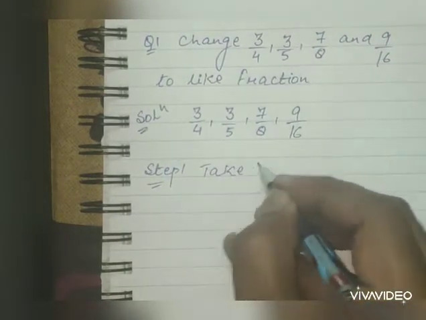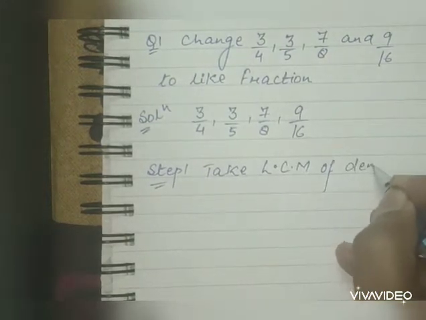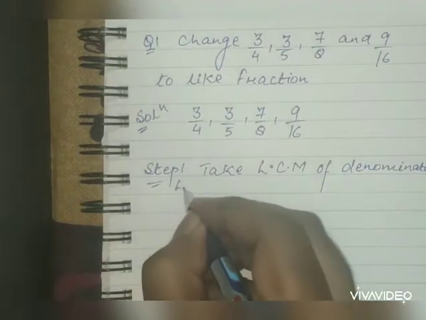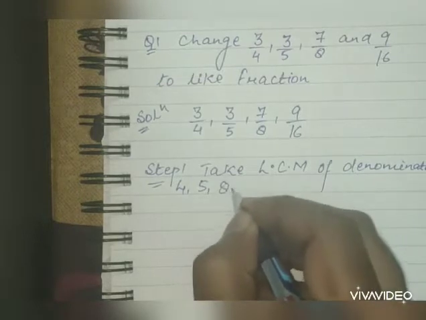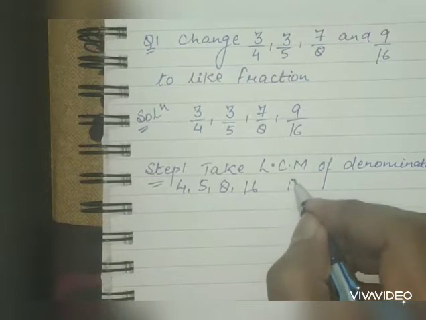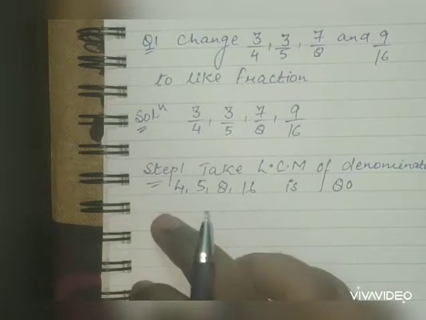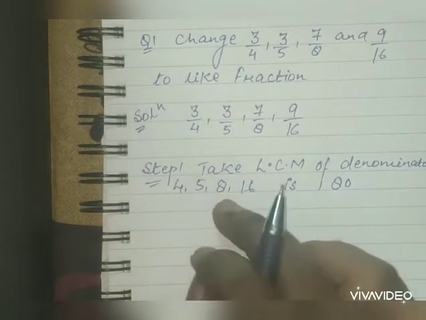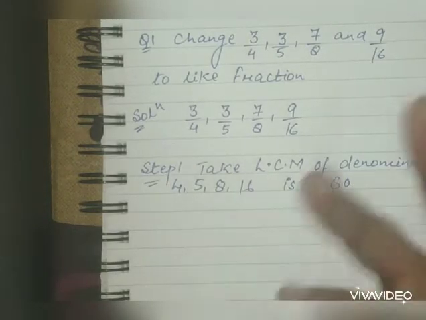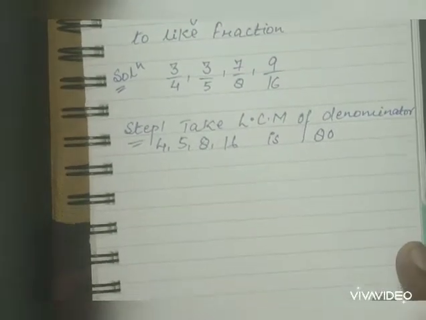Take the LCM of the denominators 4, 5, 8 and 16. So what will be their LCM? Their LCM is 80. Okay, 80 can be divided by 4 and also by 5, by 8 and by 16. I have told you how to take out the LCM previously, so I am doing it directly over here.